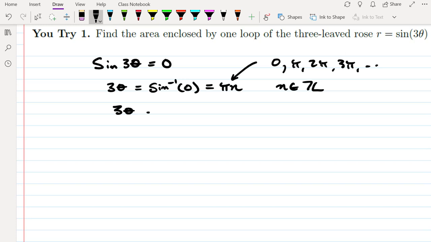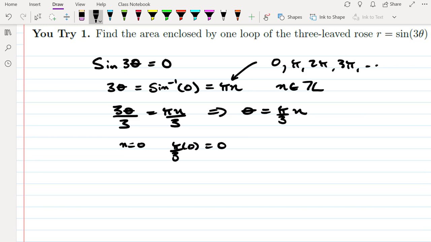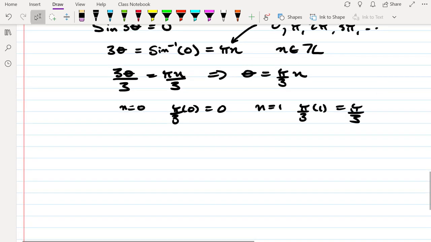So we have 3 theta equals pi n, divided by 3. So we get our angle theta is pi over 3 times n. And if we plug in n equals 0, sine of 0 is 0. So for n equals 0, we get pi over 3 times 0 equals 0. Not theta, but 0. And then if we plug in n equals 1, we get pi over 3 times 1, which is pi thirds. So our limits of integration are going to be from 0 to pi over 3.